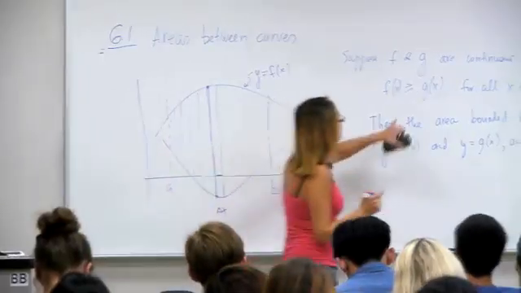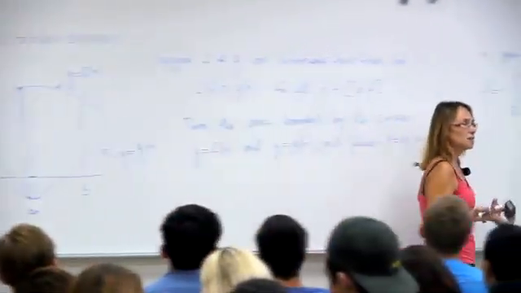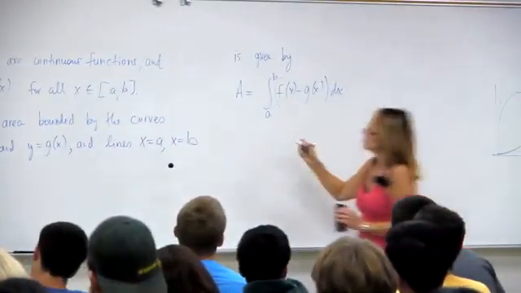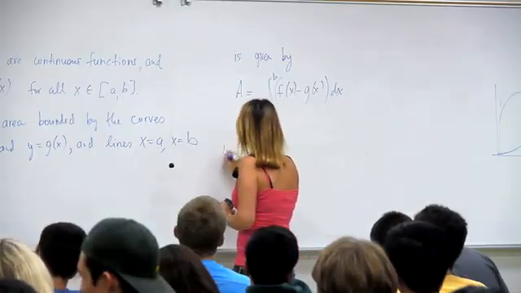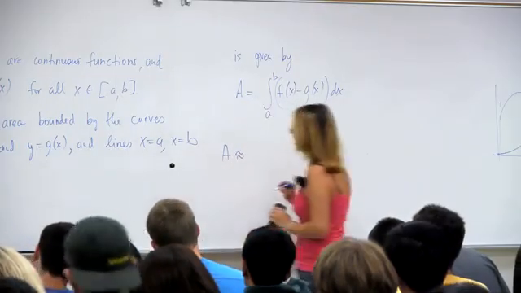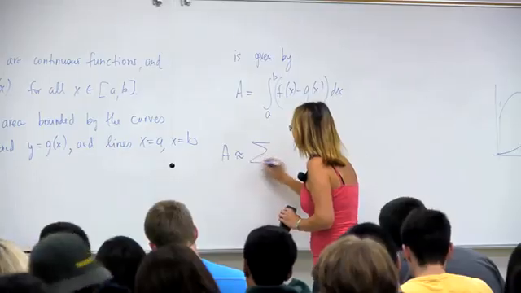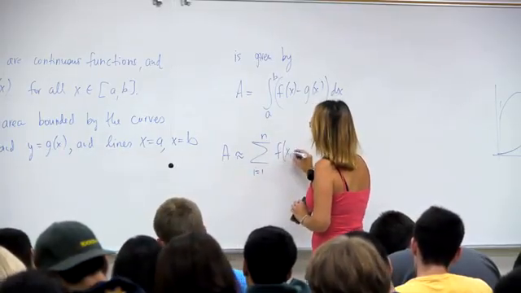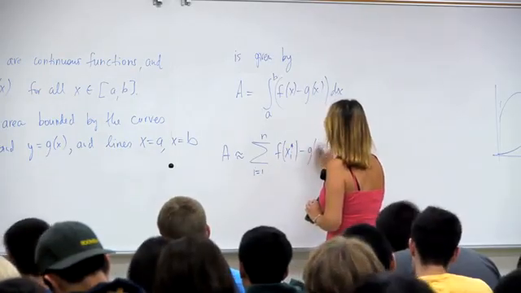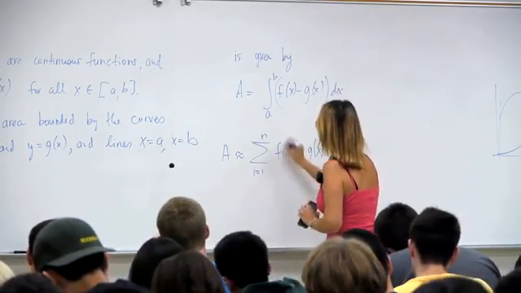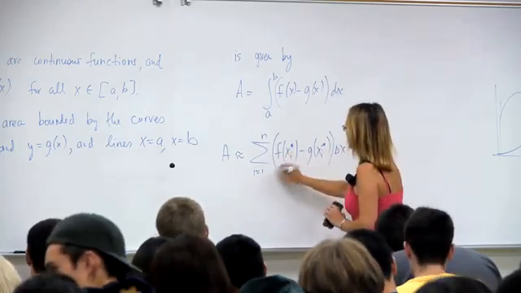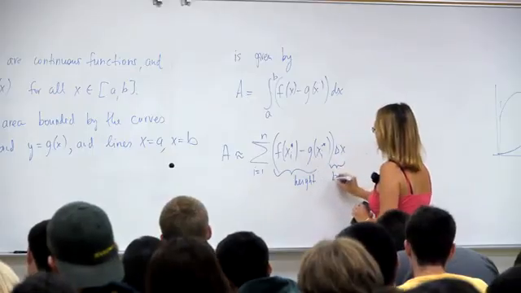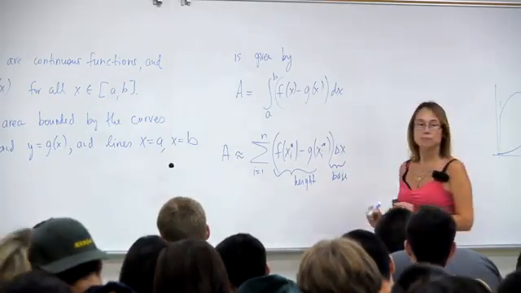And because I know that f is always greater than g, then the distance is simply the difference between the two, right? So we can say that the area can be approximated as the sum from 1 to n of f of xi star minus g of xi star times delta x. So this is height, and this is base of little rectangles.